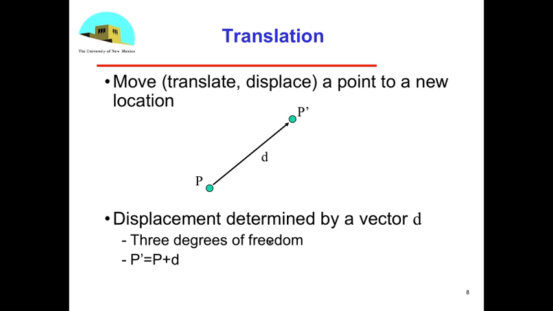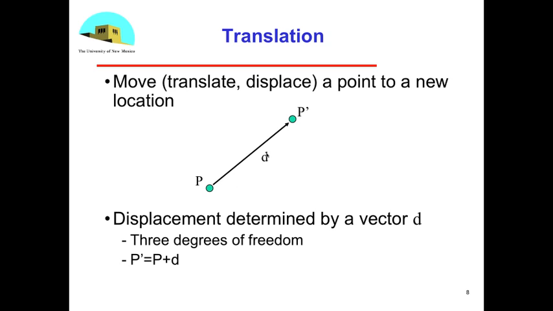So let's talk about translation. You say, well, that one should be easy because all I need to define a unique transformation is a vector d that says how far you're going to displace me, that's the length of d, and the direction of d says in what direction to do the displacement. So it looks like I can represent d by just an alpha 1, an alpha 2, alpha 3 in three-space.